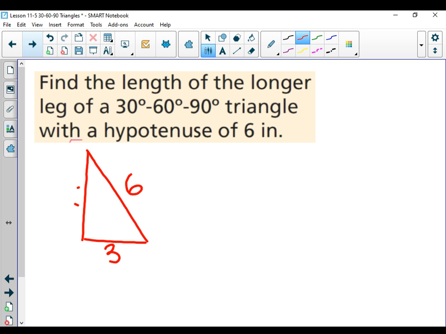Square root of 3. Taylor, can you type for me? 3 times the square root of 3? You already did it? What was it? 5.2. Thank you.